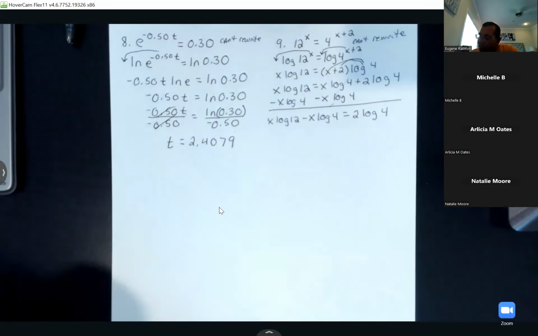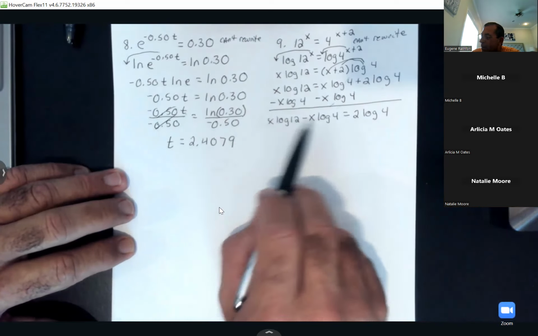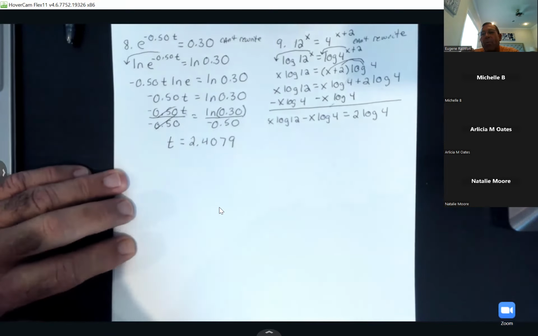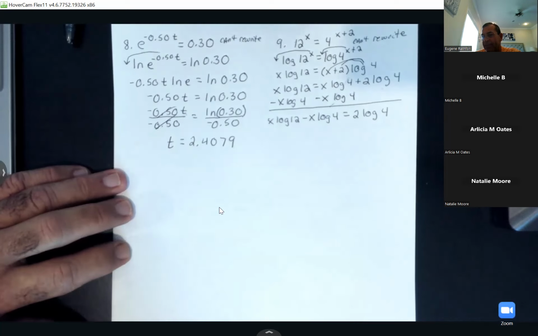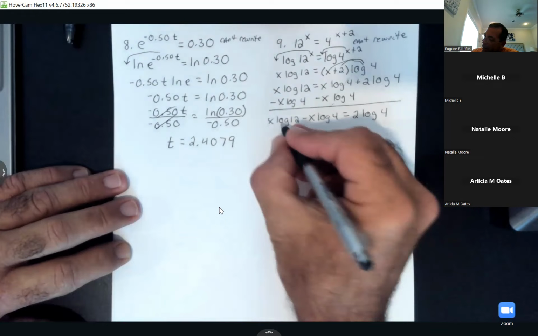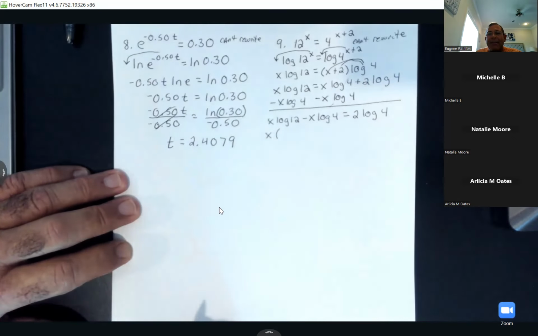So let me see if y'all remember this step. What can I do? Because I got x's in both of these terms. What can we do to make that maybe a single x? Factor. Factor, that's it, perfect. Because they both got an x. So we're going to factor out our x.